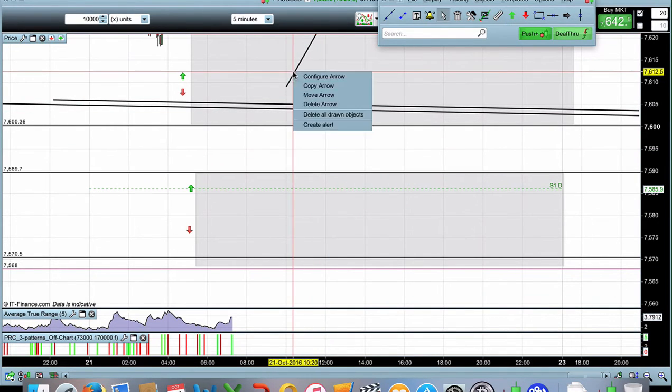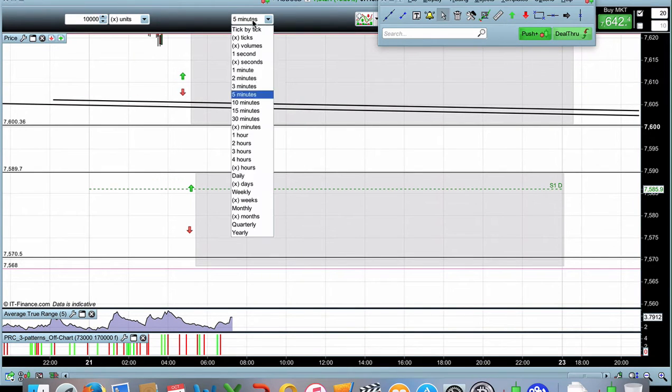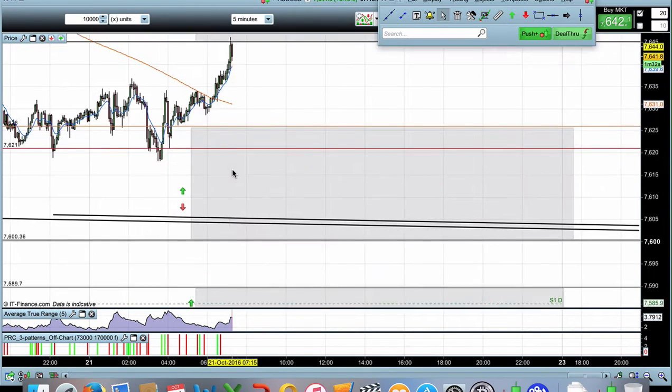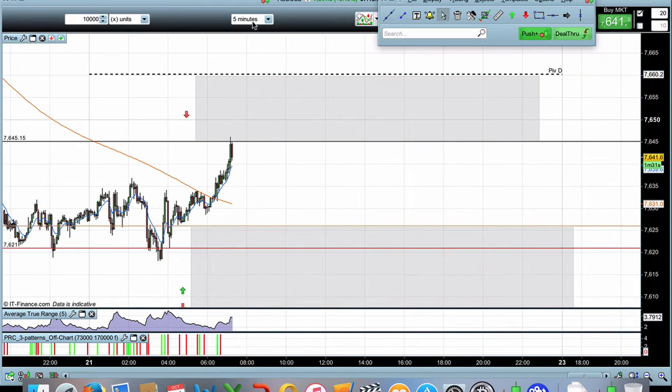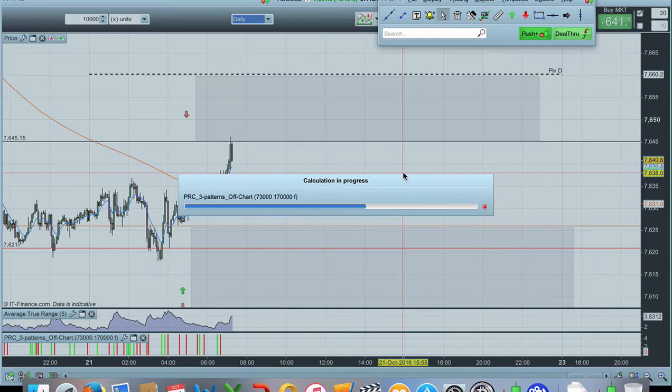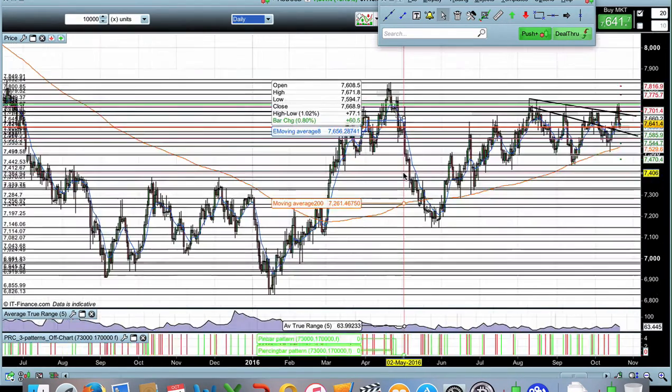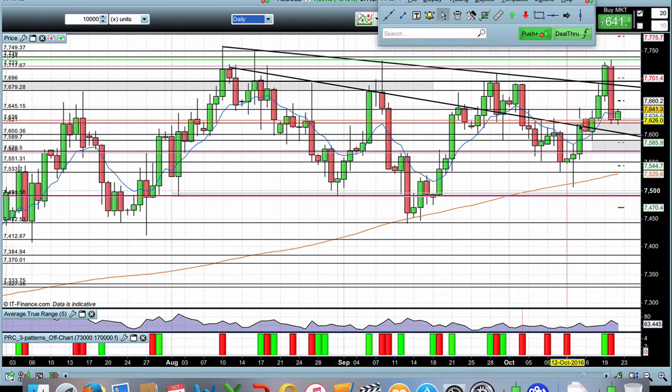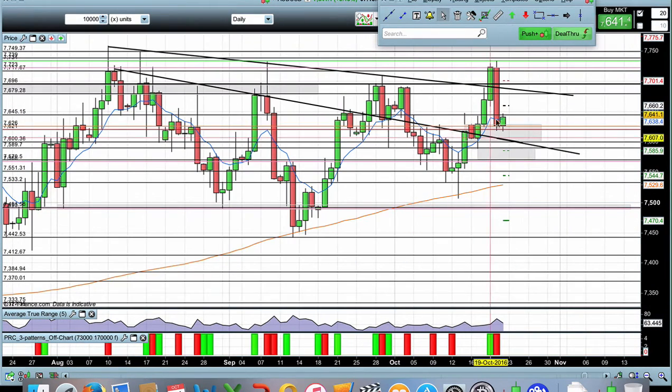Whilst the market is where it is currently, we're just looking for a little bit more evidence. We've made the false break up and came back down again. However, we need the market to break that second line, which is now support, to confirm the negative bias.